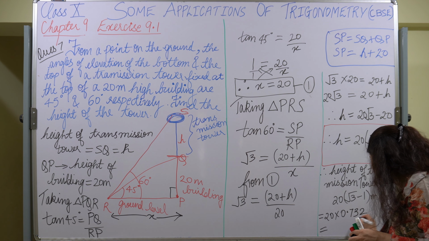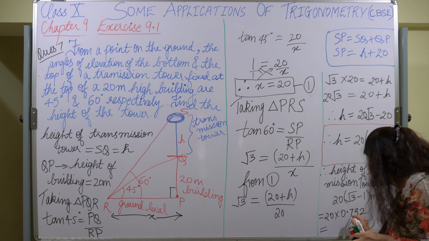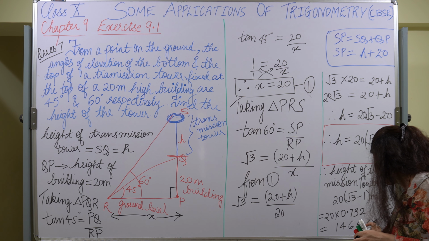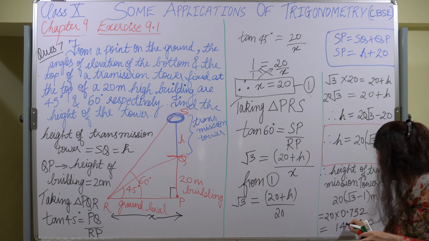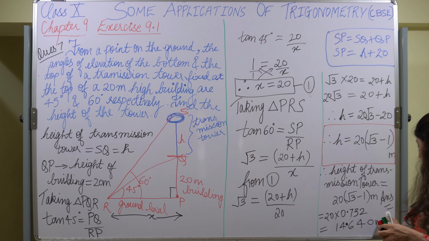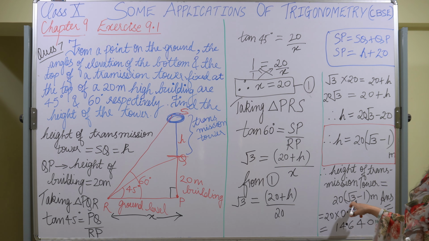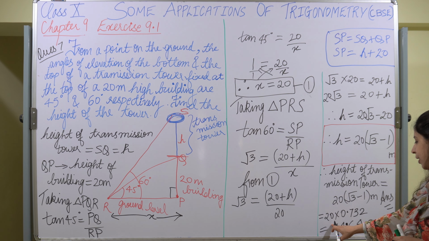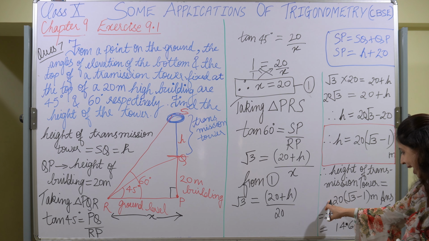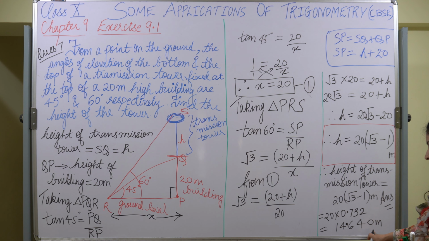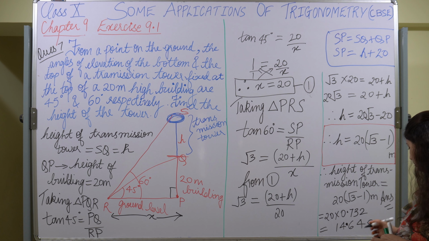That will come out to be 14.640 meters, because root 3 value is 1.732 and minus 1 gives 0.732, multiplied by 20, because 20 is outside the bracket. So this is our answer.